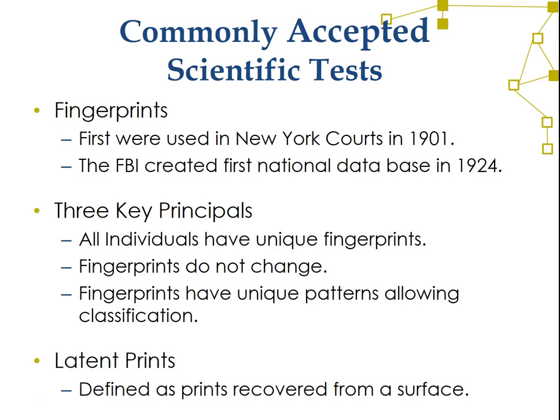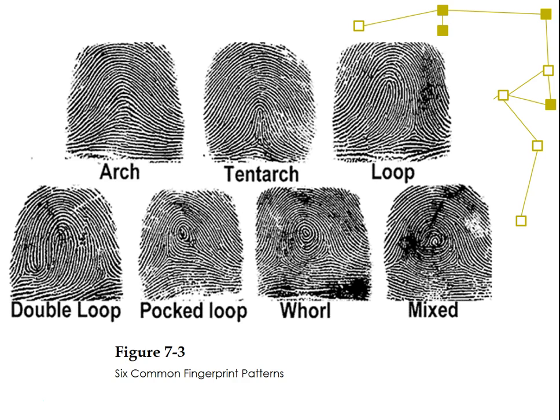Now, fingerprints that are recovered at the crime scene or from other evidence are commonly called latent prints, or what we call undeveloped prints. So these are prints that are recovered from a surface.